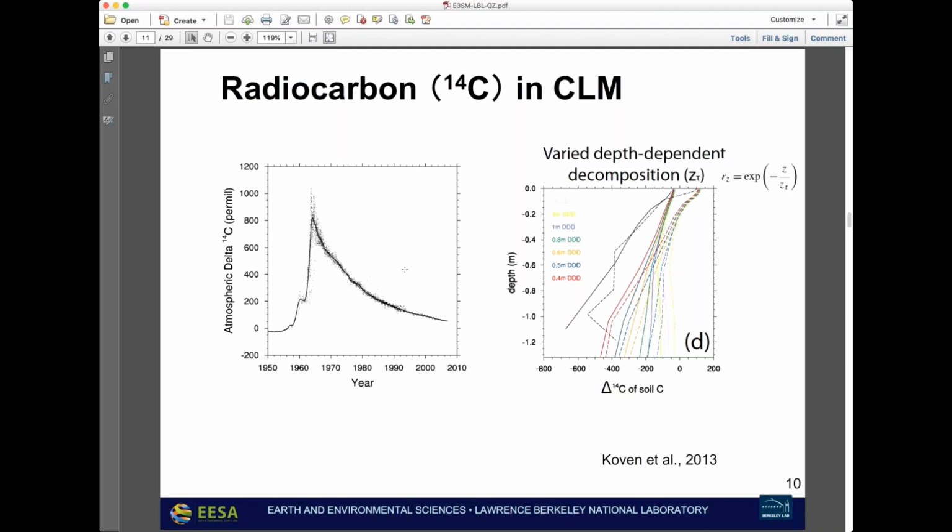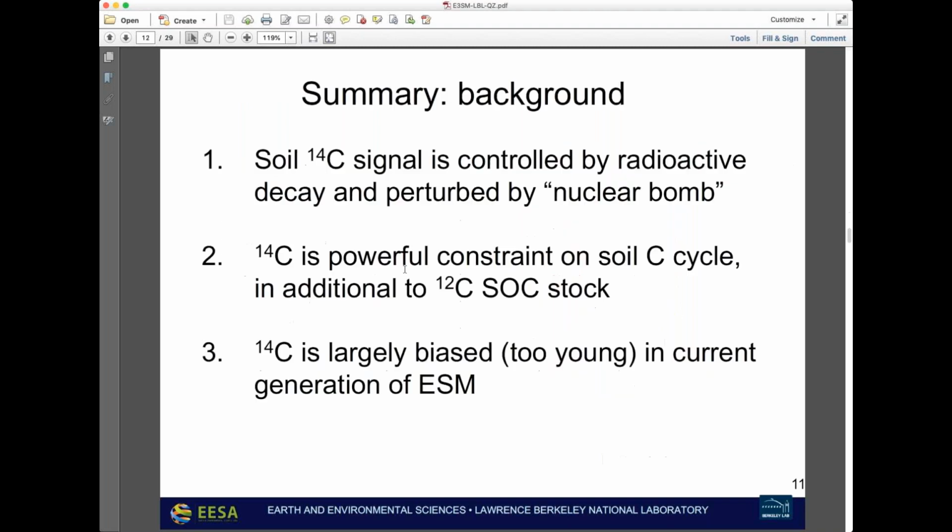By changing from a small number to a larger number, the profile gradually moves towards the left-hand side and is closer to the observation. But it's not close enough because there are also many other factors that can contribute to this vertical distribution of the radiocarbon profile. And we are going to do more sensitivity analysis in the ECSM land model later.